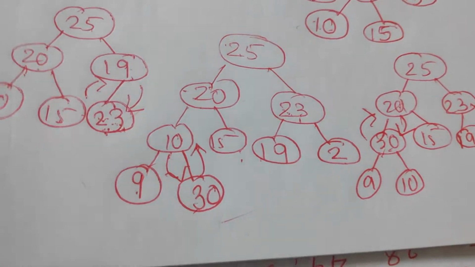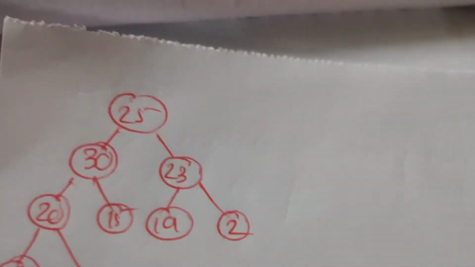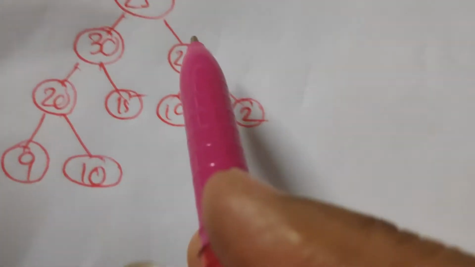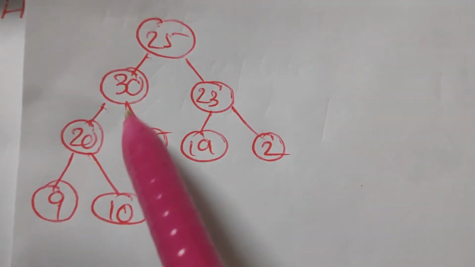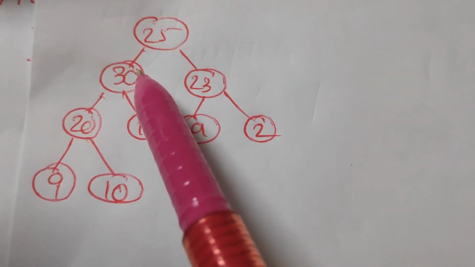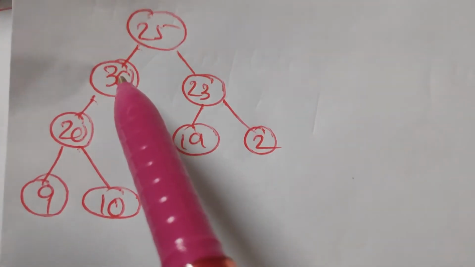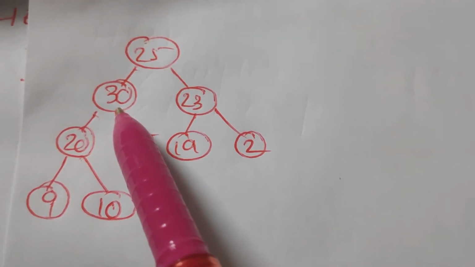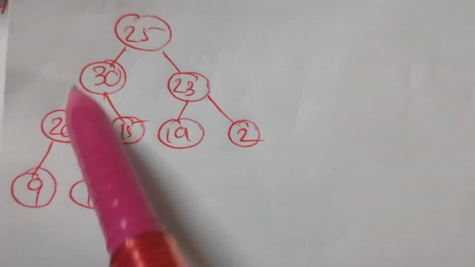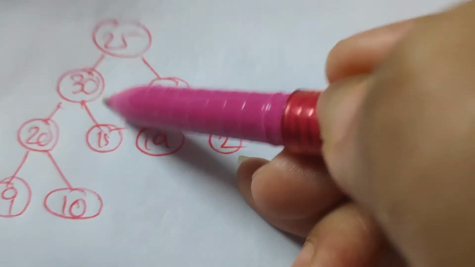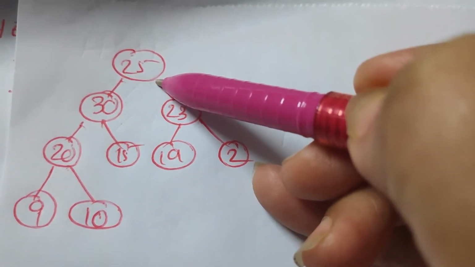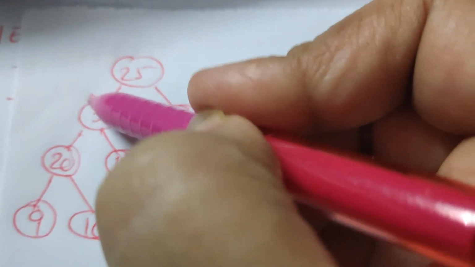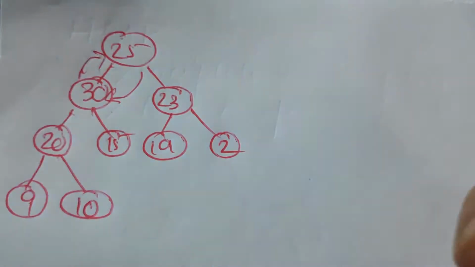So as we swap these two numbers, the tree looks like this. Now once 20 and 30 have been swapped, we have to check whether 30 is less than its newly acquired parent. But over here we find that 30 is greater than 25 as well. So again we have to swap these two nodes.